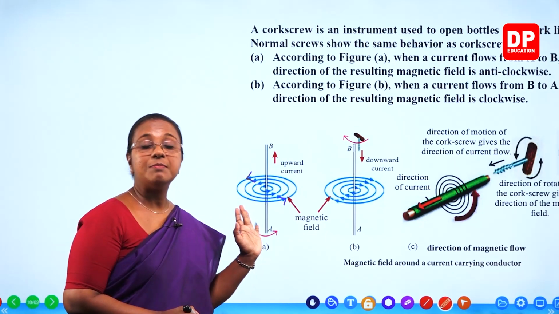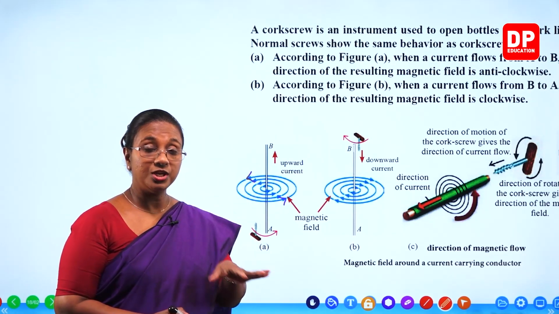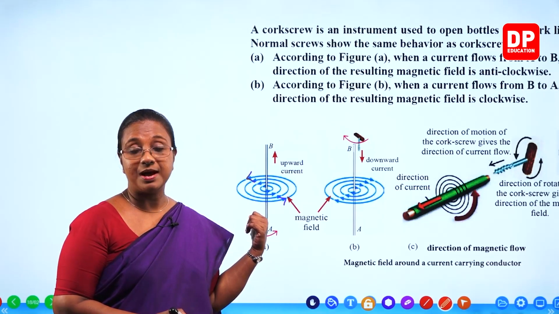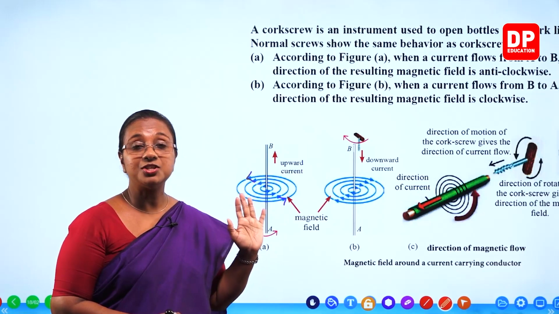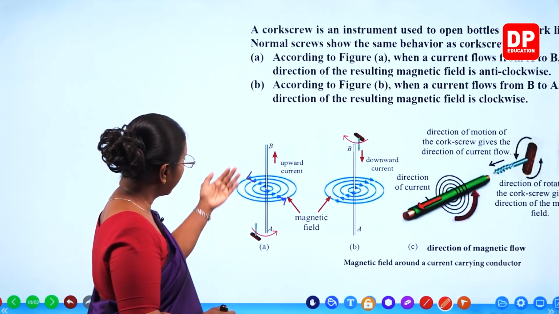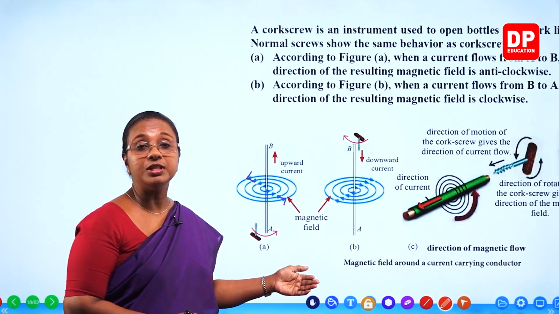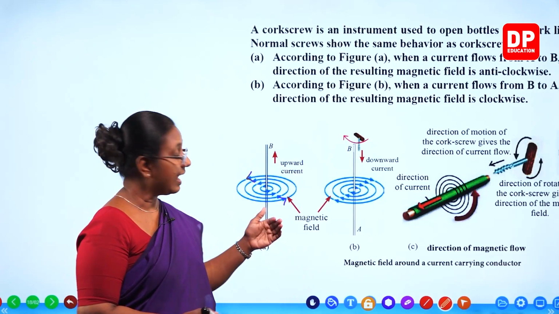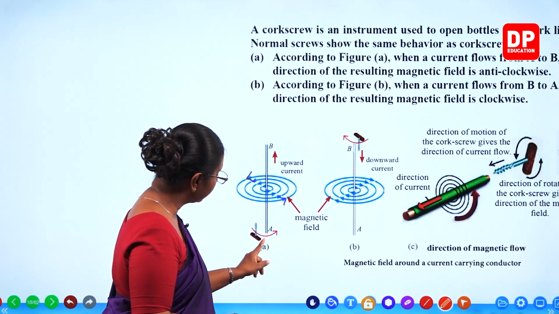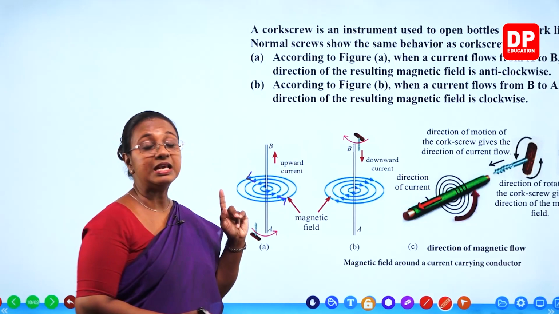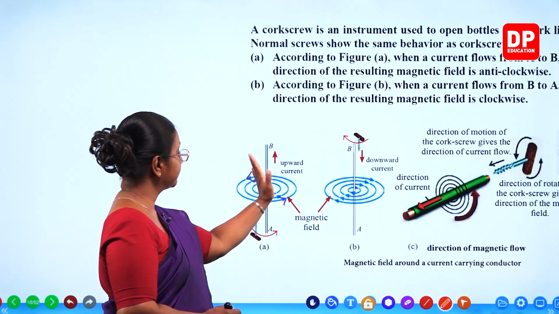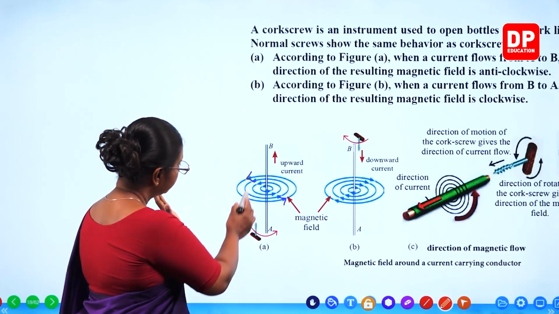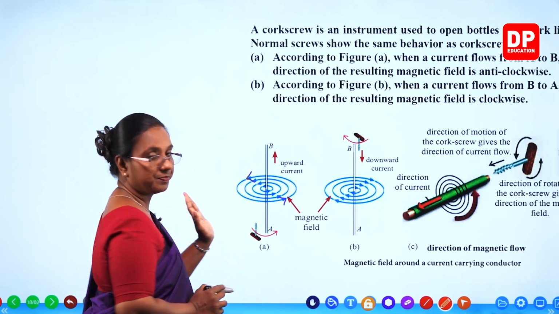Now can you all remember the deflection? I showed it to you all when I went to the lab. You were able to see the deflection of the compass when we had the compass below the conductor, and the direction of the current flow was from A to B. The compass deflects this way, to the left side. Can you see the arrowhead there?